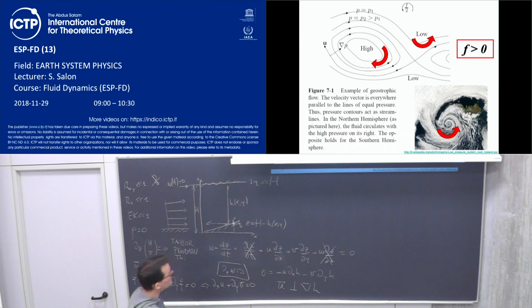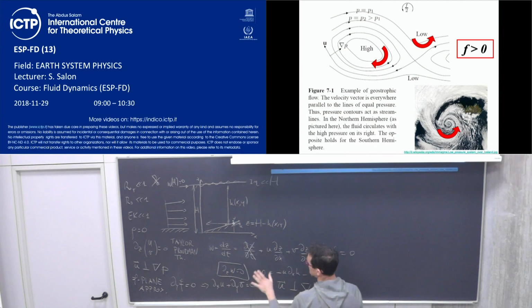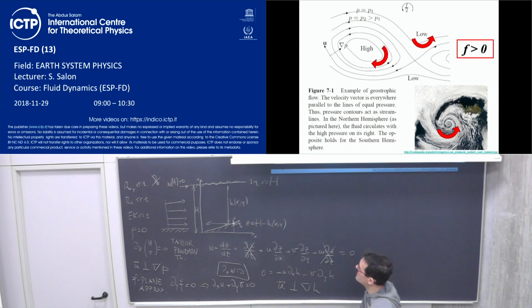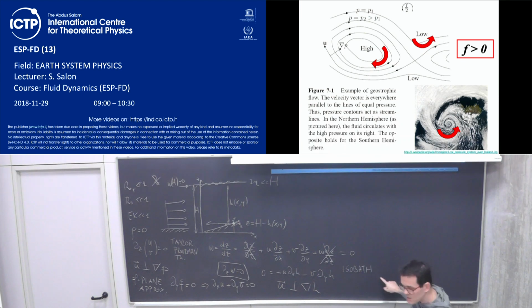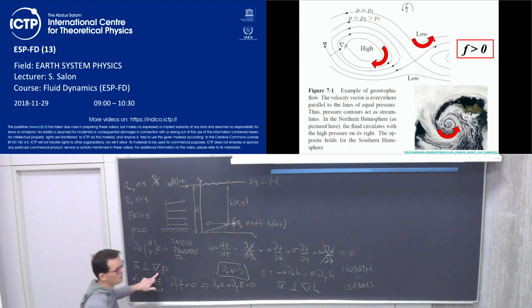So the only possibility for a geostrophic flow on the f-plane, which satisfies our hypothesis, is that if we have an inclined bottom, it can only move over the isobath. Isobaths are the lines of equal bathymetry, which are equal to isobars, the lines of equal pressure.